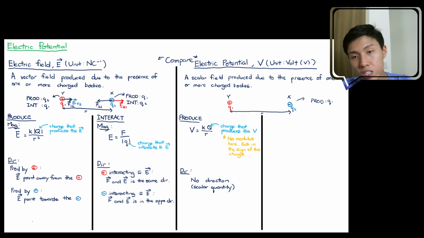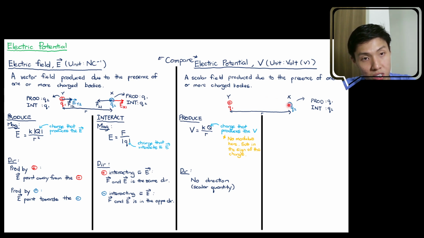The presence of Q2 at position X will cause Q2 to interact with the electric potential produced by Q1. Q2 exists at position X, so Q2 will interact with the electric potential at position X, and at position X, the electric potential is produced by Q1.